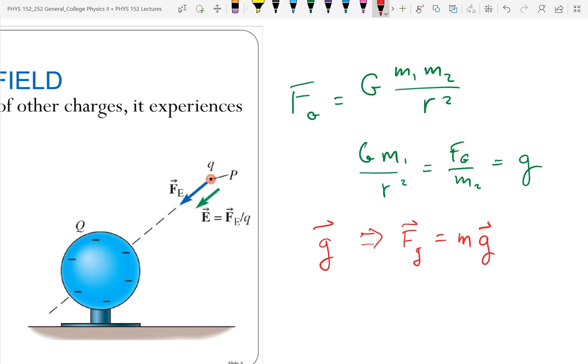Now we're going to take that same exact thing and apply the same idea to electricity. So we're going to make an electric field. So we'll call it E for electric. And that electric field is defined as the electric force over, and when we did the gravitational field, the gravitational force field was the force of gravity divided by, what was it divided by?